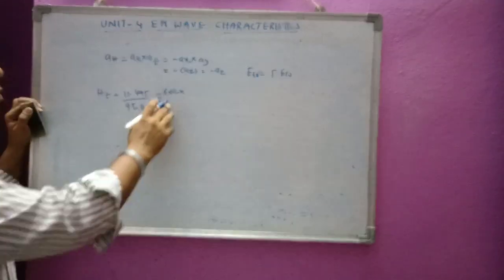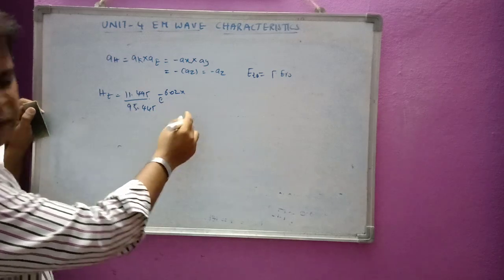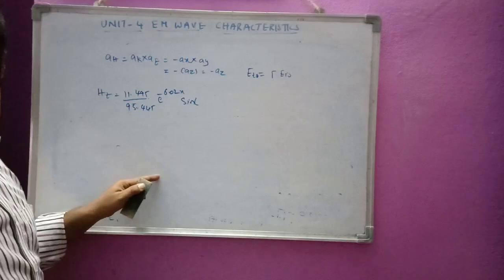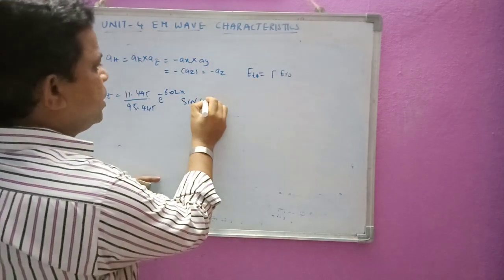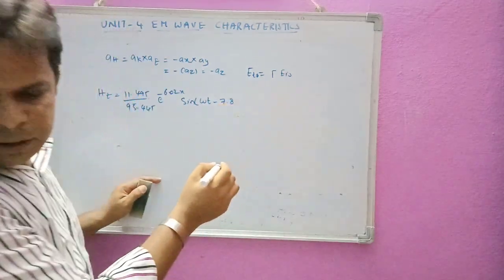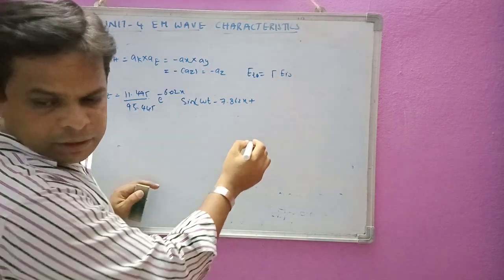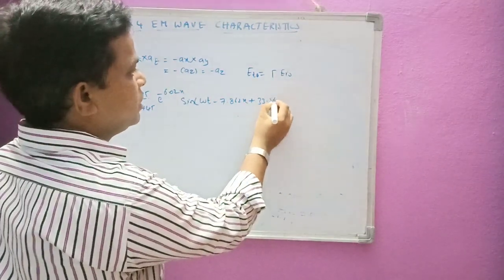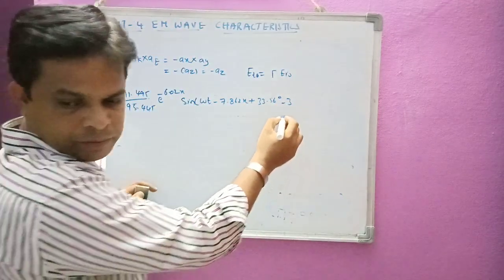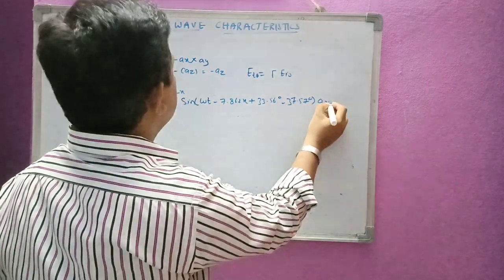So this will be in this form: HT naught e power minus alpha x sin, we have got the value of ET here, that is sin of omega t minus 7.862 x plus 33.56 minus 37.57. All these values we have calculated, into a_z.